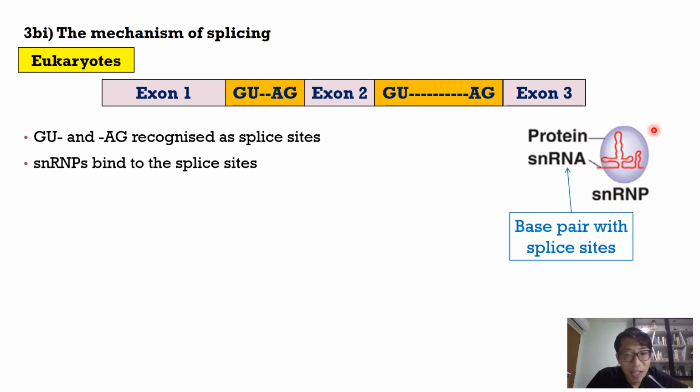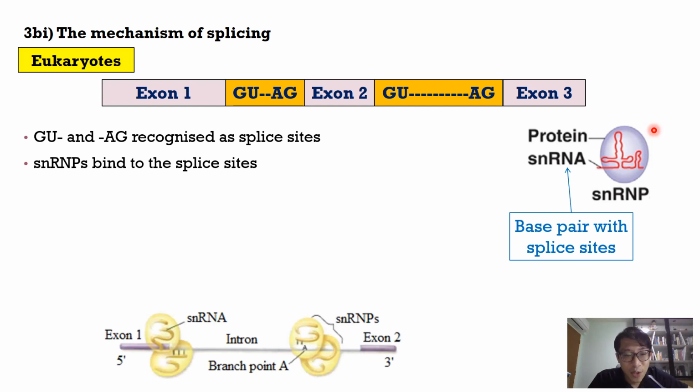The snRNA would base pair with the splice sites. As you can see here, you have different snRNPs. They will come together to bind to the splice sites, and the binding is via complementary base pairing between the splice site on the mRNA intron and the snRNA within the snRNP.